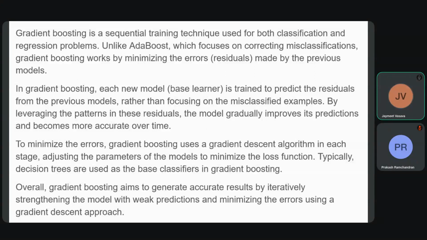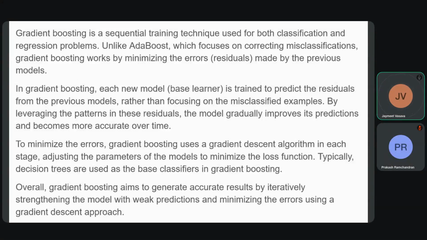Typically, decision trees are used as the base classifier in gradient boosting. Overall, gradient boosting aims to generate accurate results by iteratively strengthening the model with weak predictions and minimizing the error using a gradient descent approach.